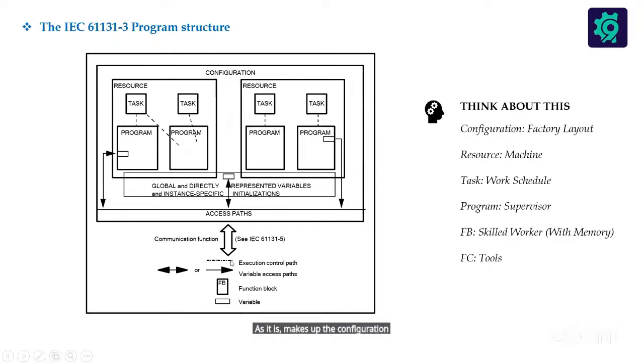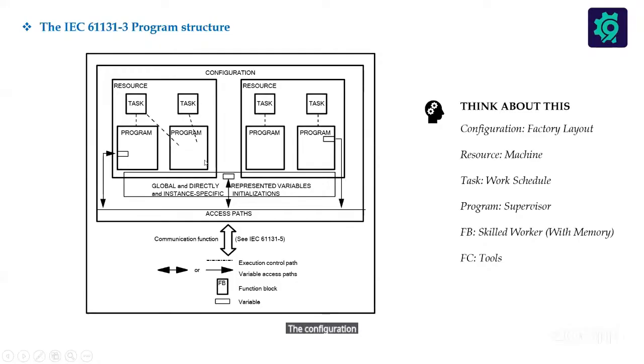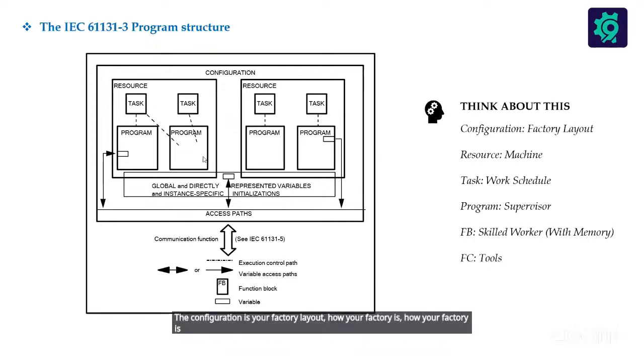You have the communication function, and then you have all these lines being defined as a legend. If you look at this side, they're saying to think about this: the configuration is your factory layout, how your factory is, that is trying to process your factory into a program.